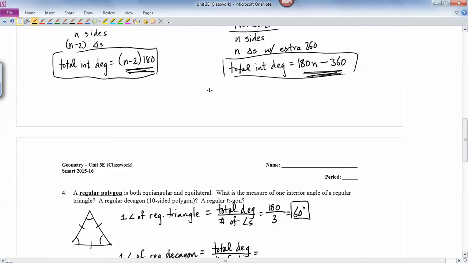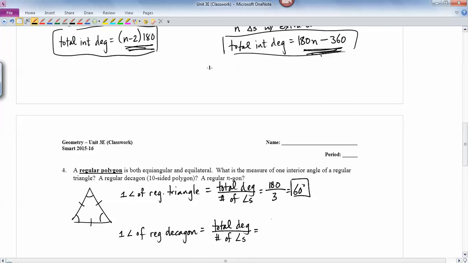So n would be 10 there. So we'll use this one. So it'd be 180 times 10 minus 360 divided by, and then the number of angles in a decagon, well, if it's got 10 sides, it's got 10 angles. So this is going to be 1800 minus 360, which is 1440, divided by 10. So each angle ends up being 144 degrees.